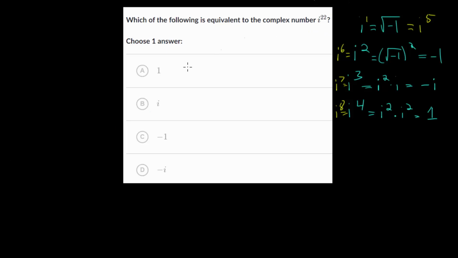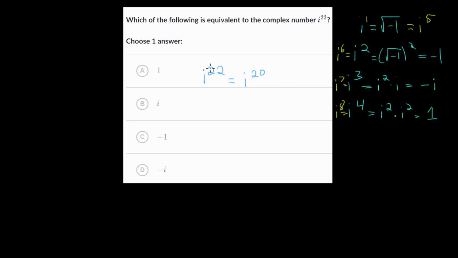So for instance, i to the 22nd, the way we're going to approach this problem is to figure out the largest multiple of 4 that goes into 22. The largest multiple of 4 closest to 22 but below it is 20. So 4 goes into 20 evenly, and we can essentially pull that out.